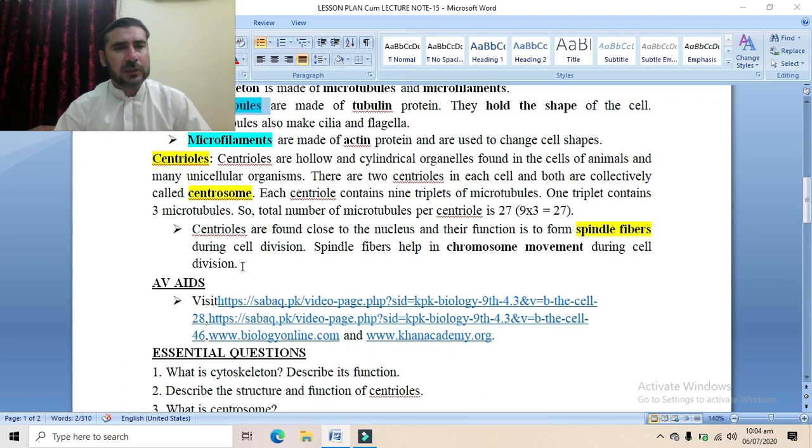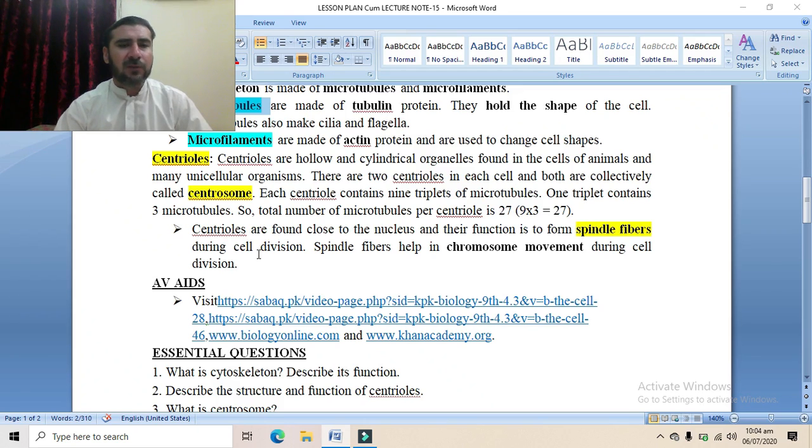So we have studied the cell division briefly in class 8, in higher classes, and in this class 9 we will study the cell division in detail in the 5th unit. During the cell division, the chromosomes basically arrange themselves on the center place of the cell. That is called equatorial plate.